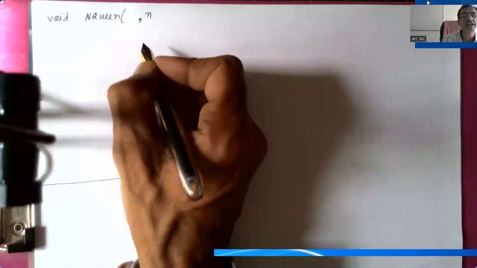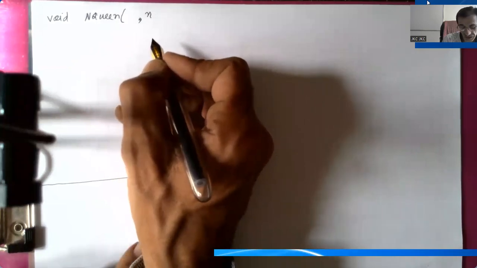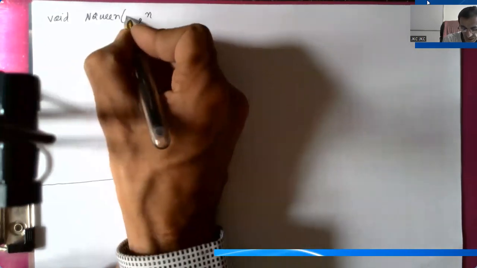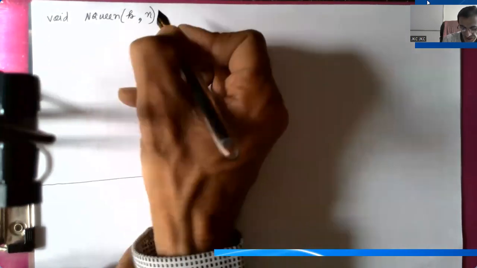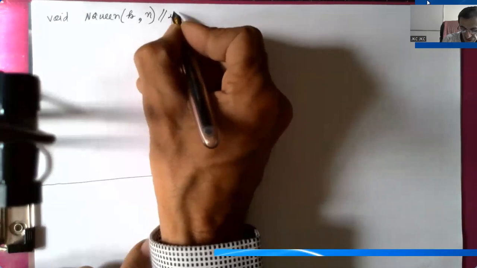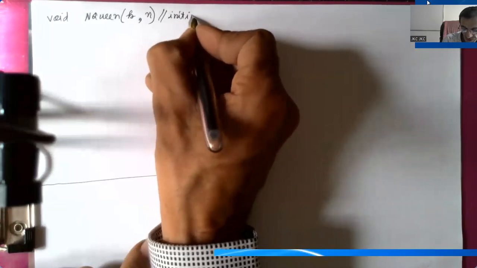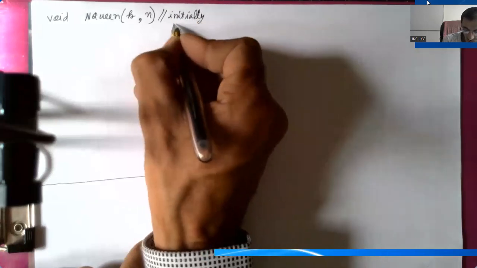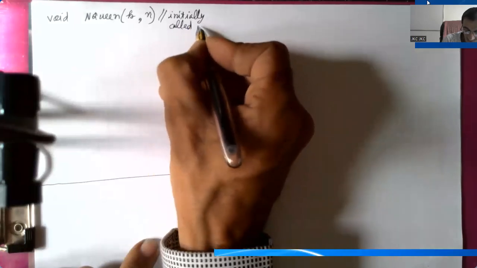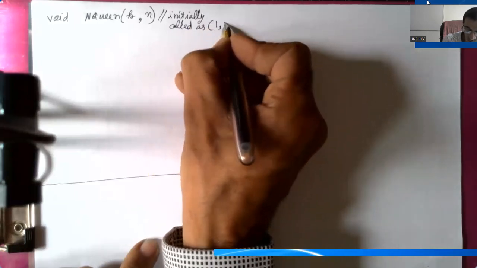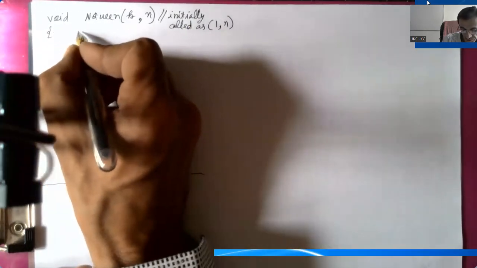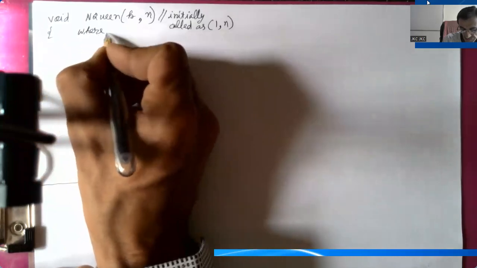I will be attempting one queen at a time, starting with 1, then 2, and then going on. So at a time I will be trying for some queen k, which means the initial call will come with 1, n. So k will be initially 1, and what I want is to find out where to place the kth queen.